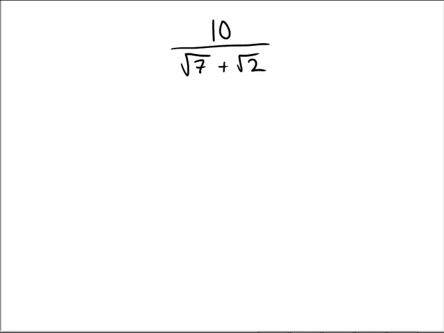Now assuming you paused the video, tried this out on your own, let's do it together. Top and bottom, we're going to multiply by rad 7 minus rad 2, rad 7 minus rad 2.